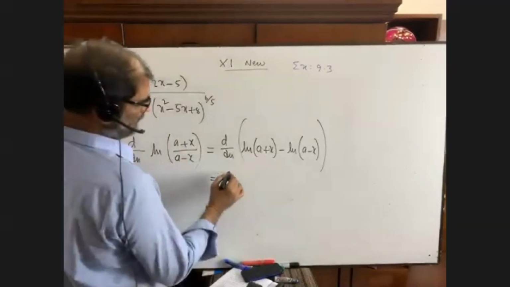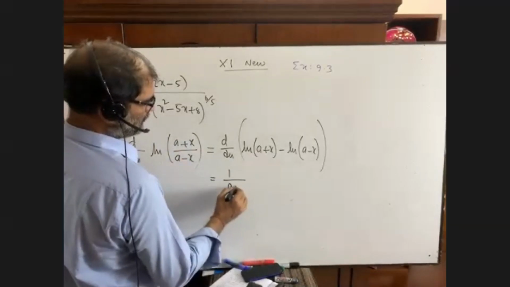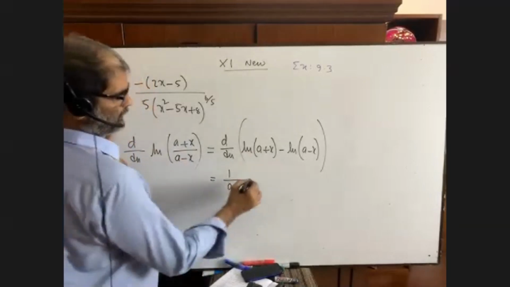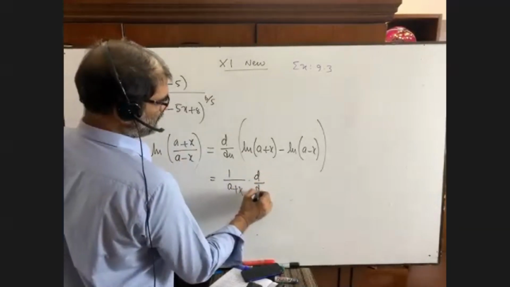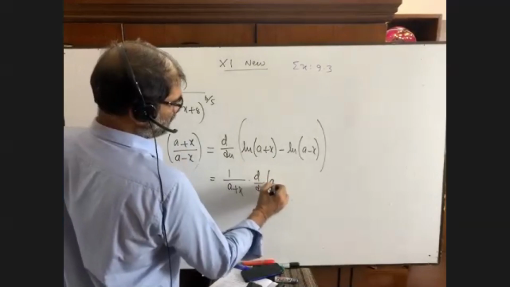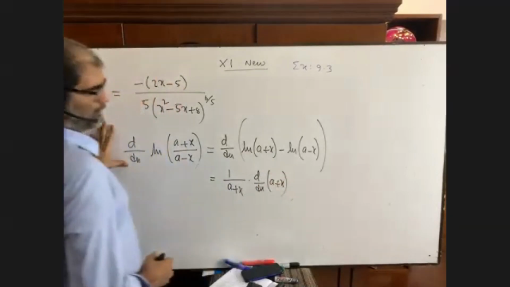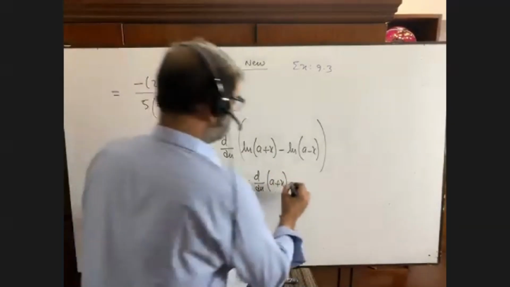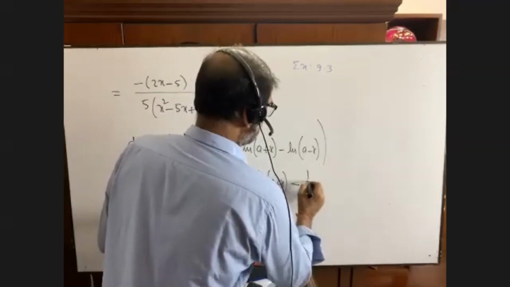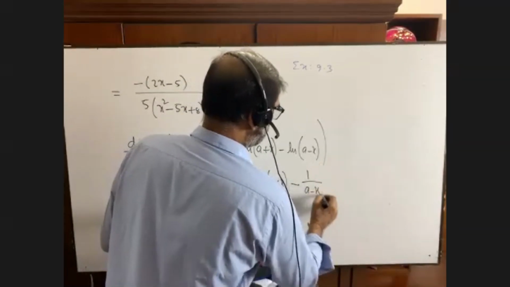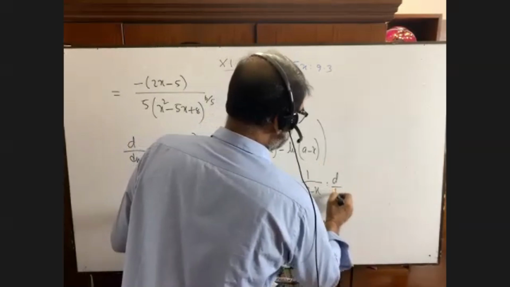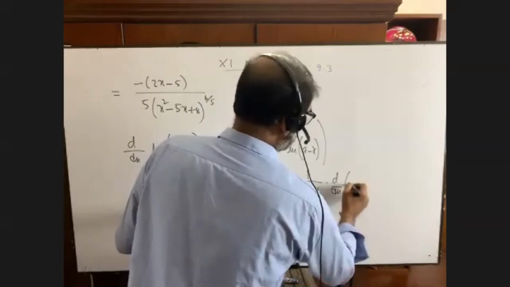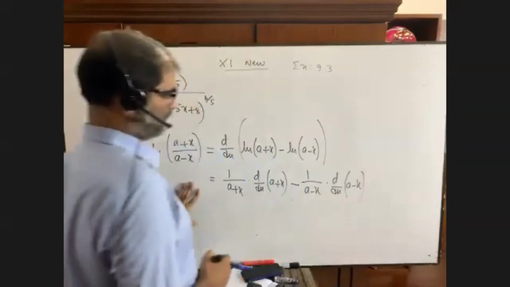You see, it is 1 by a plus x, d by dx of a plus x. It is 1 by a minus x, d by dx of a minus x, right?